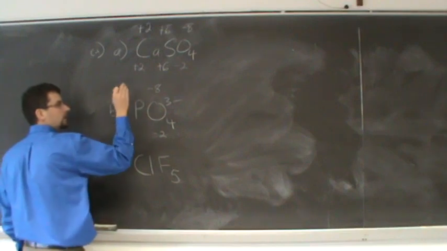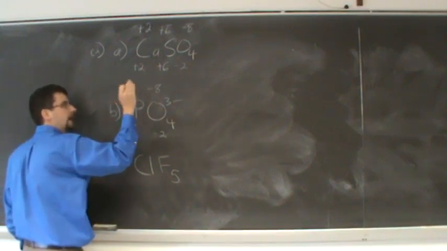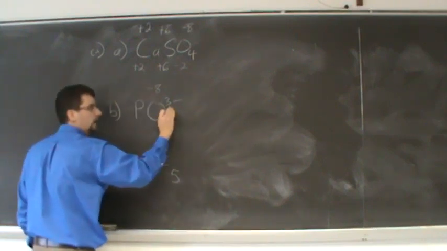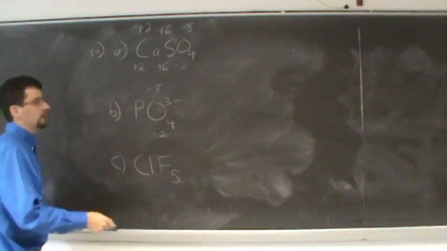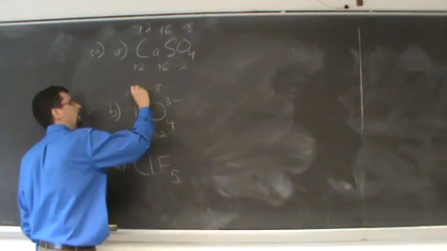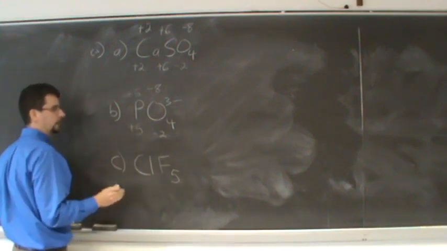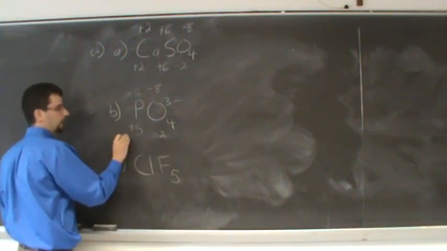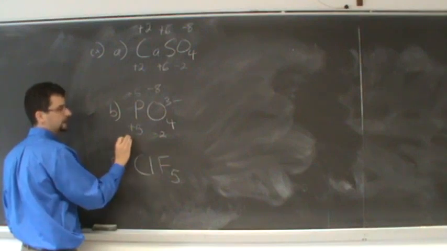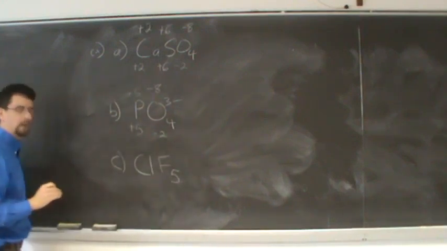So whatever the charge on phosphorus is has to add to that -8 to result in a -3. The answer to that riddle, +5. So our phosphorus is in a +5 oxidation state, our oxygen's in a -2 state again.